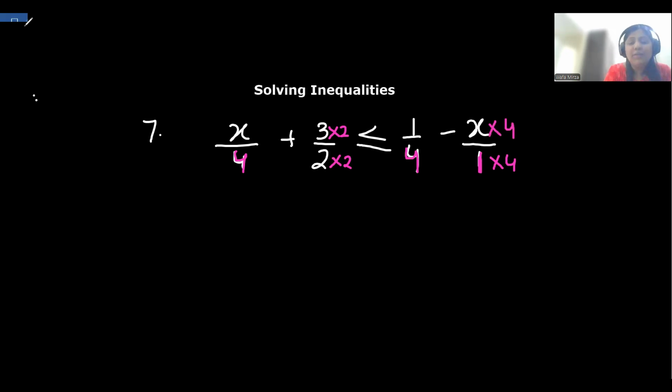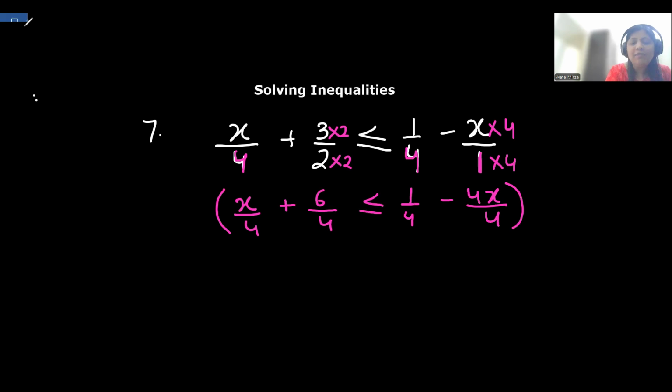Right? So what will I get? x by 4 plus 6 by 4 less than or equal to 1 by 4 minus 4x by 4. Now let's say that throughout the inequality, I multiply by 4.